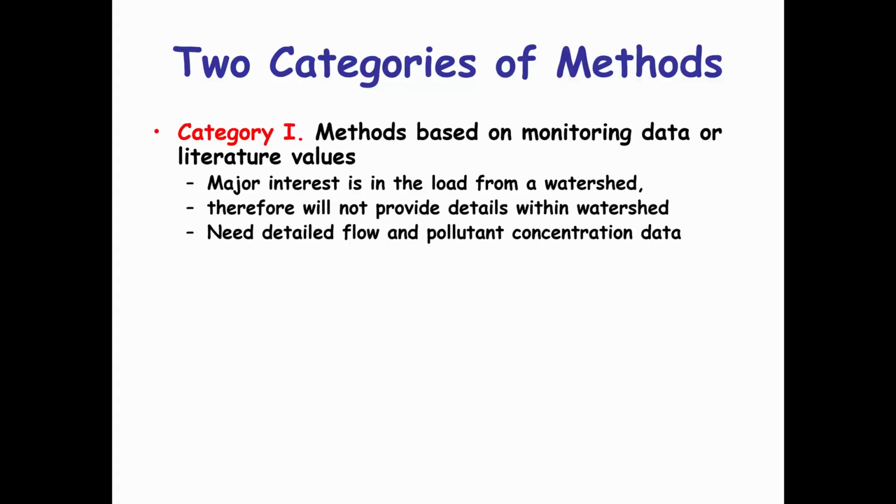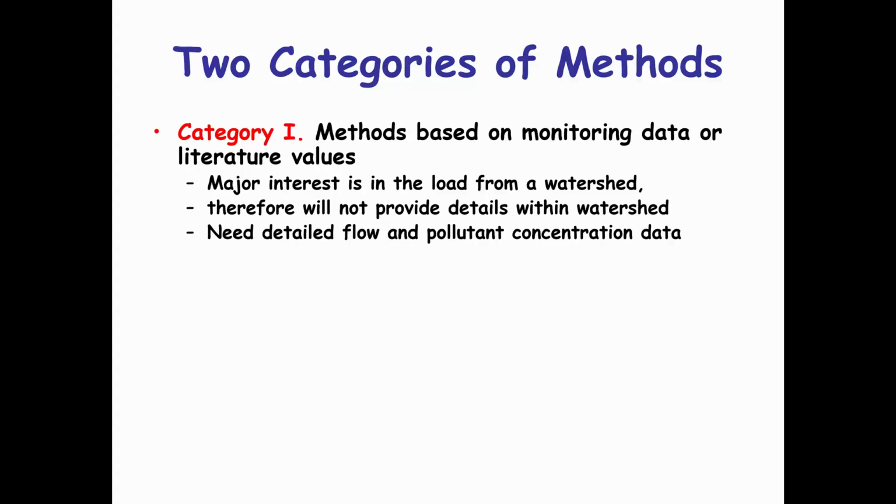The first category are methods that are based basically on monitoring data, or based on information that's gleaned from the literature. With these methods, the interest is mostly in what the load is from a watershed. These methods typically do not provide details of what's going on inside of a watershed.